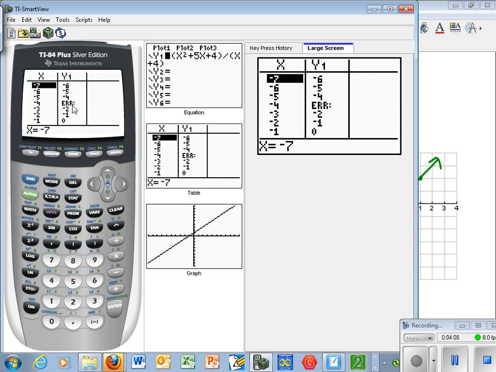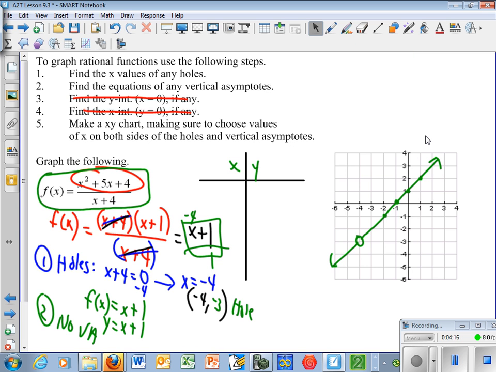So negative 4 is an error, but at negative 7 we're at negative 6. So the y values are basically 1 bigger than the x values, which is what x plus 1 says. So at negative 4, the calculator said error, but there's actually a hole at negative 4, negative 3. I already figured that out right here.